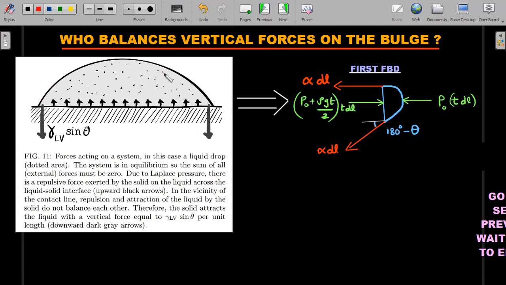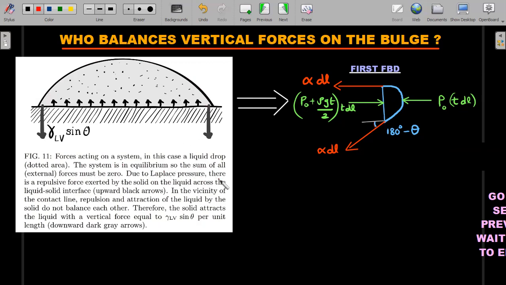Whenever you have a drop here, in our textbooks we are mostly concerned with horizontal forces, but in the vertical direction also, there will be forces that are explained by the Laplace pressure, whether attractive or repulsive, that we can take to balance it. The system is in equilibrium, so the sum of all external forces must be zero on this drop.